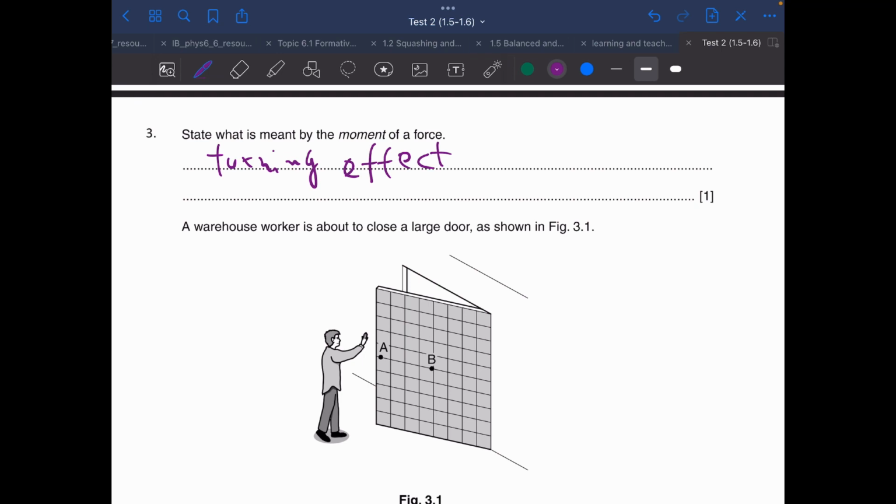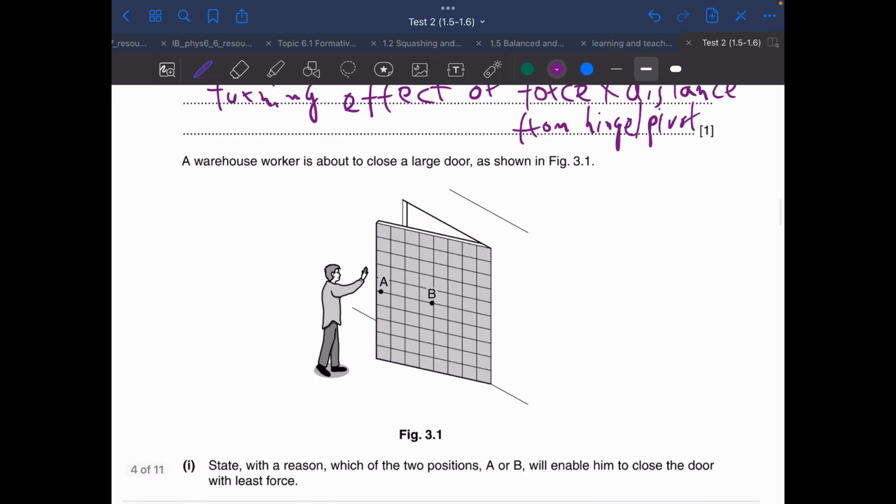We can also say that it's basically the force multiplied by the distance from a hinge or pivot point, a turning point, yeah?